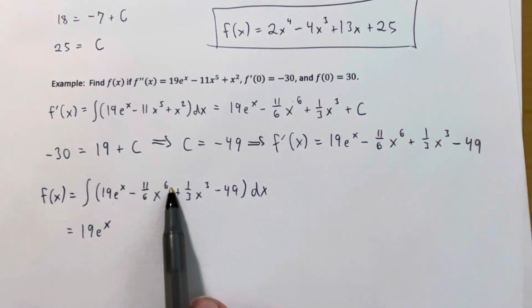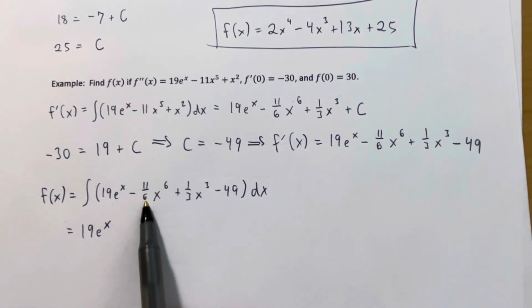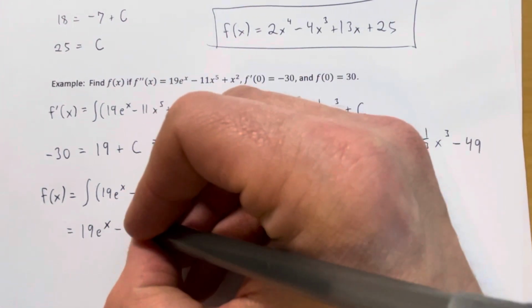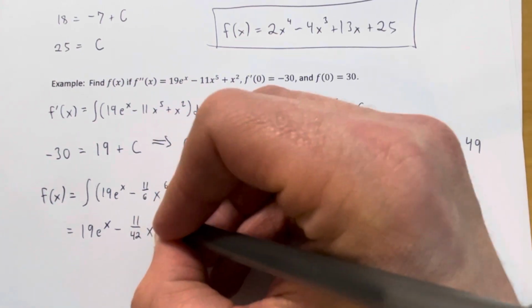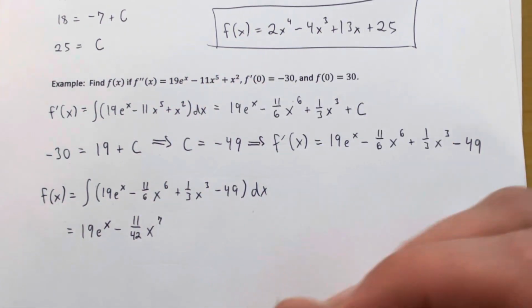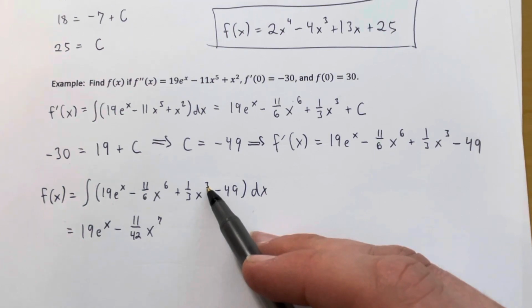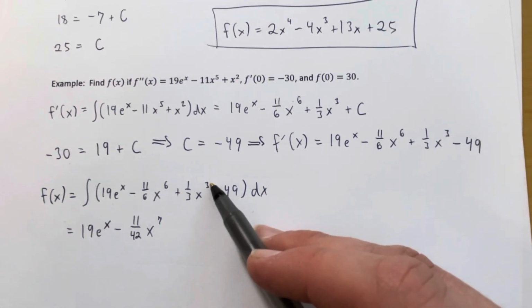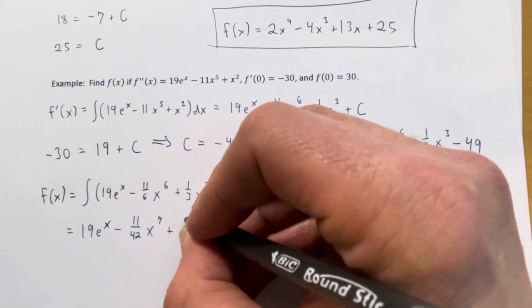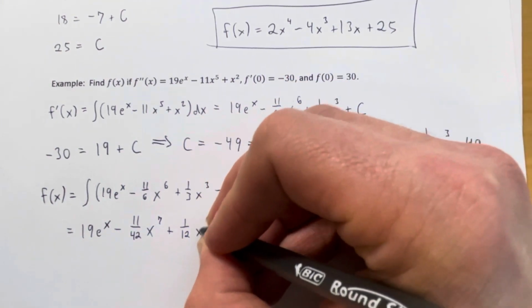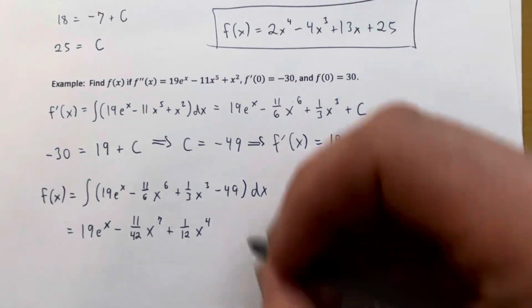Here, add 1 to the exponent and then multiply by the reciprocal of that. That's like taking this 6 down here and multiplying it by a 7, which is 42. So I get negative 11 over 42, x to the 7th power. Again, add 1 to the exponent, then multiply by the reciprocal. So this becomes 4, and I multiply by 1/4. 1/3 times 1/4 is 1/12. So I get 1/12 x to the 4th.